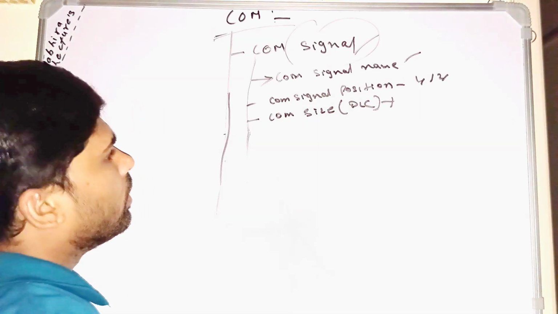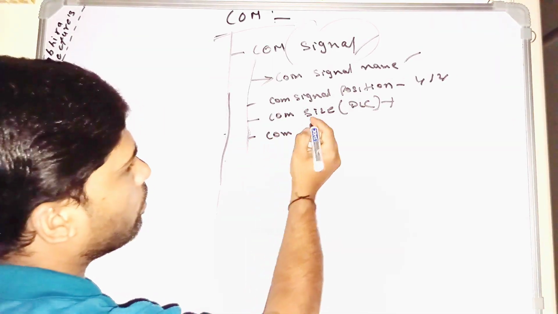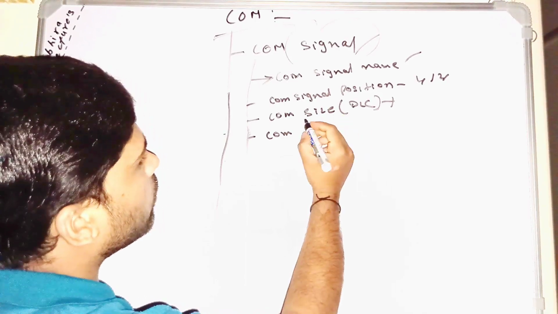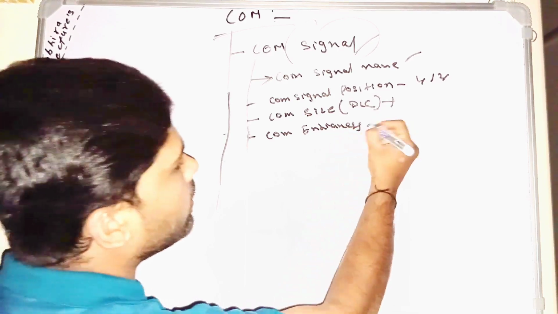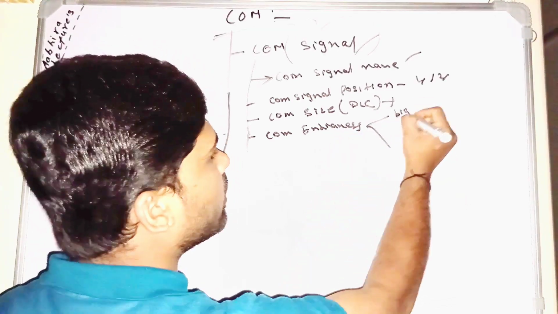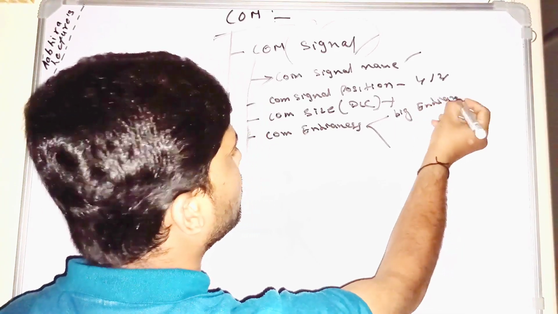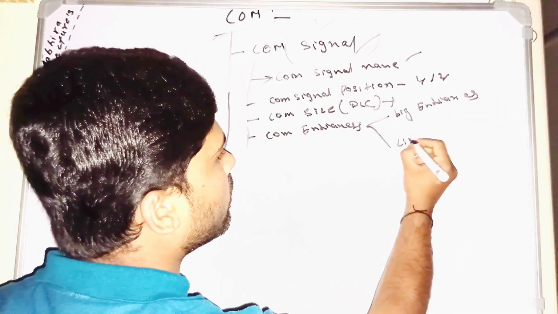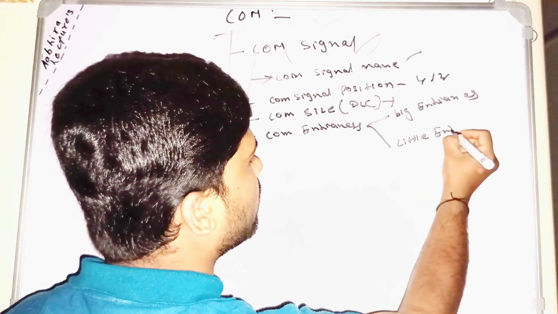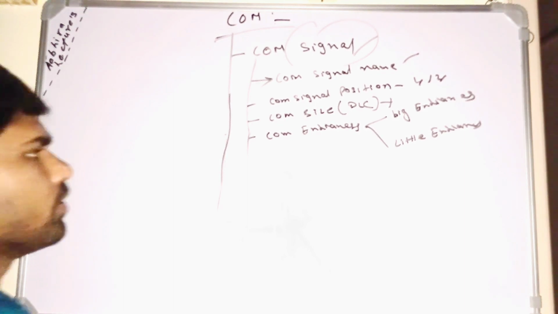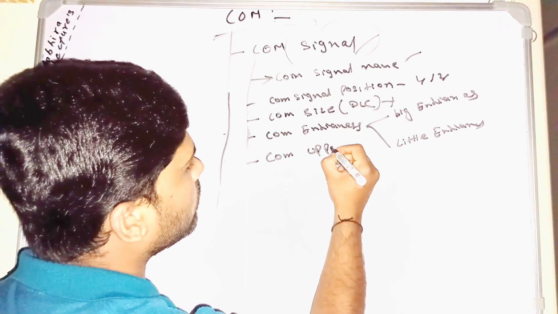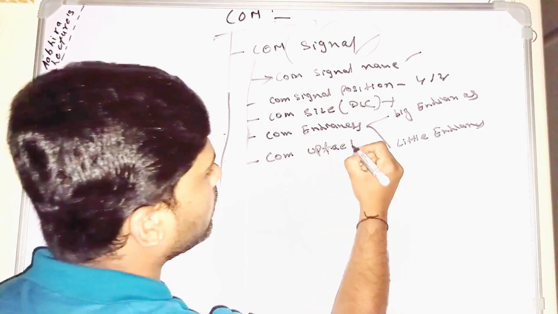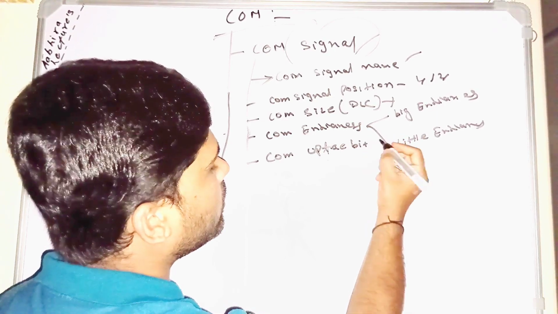Next, COM endianness. There are two types of endianness, big endian and little endian. This we have to configure in the endianness. Then COM update bit, update bits we have to configure.